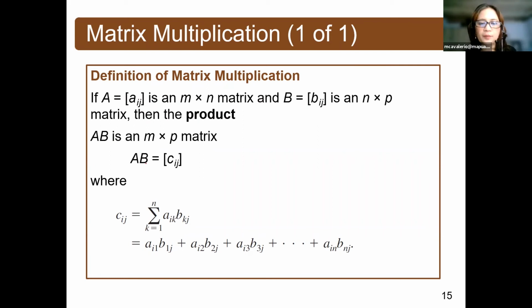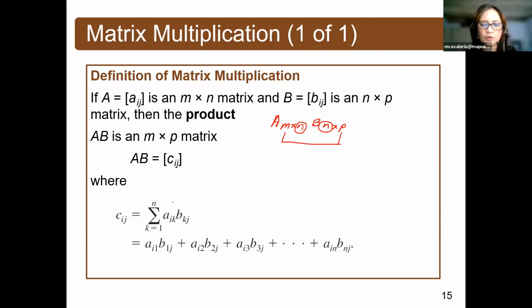So we can easily predict the size of a matrix product. The product will be defined for the two matrices if the number of columns of the first matrix is equivalent to the number of rows of the second matrix, so that the size will be an m by p.